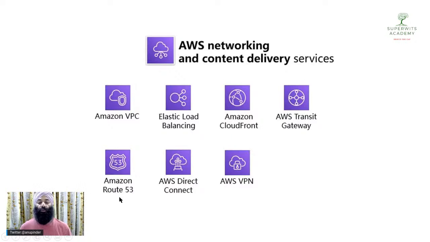Similarly, Amazon Route 53 facilitates the domain name system, caching information, and registering domains. Direct Connect builds a direct connection between AWS regions or VPCs and on-premises, and similarly, VPN is also there, right?